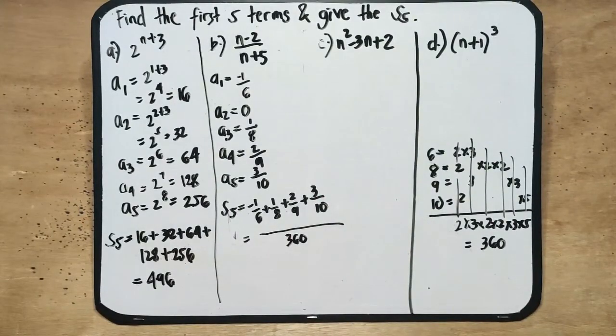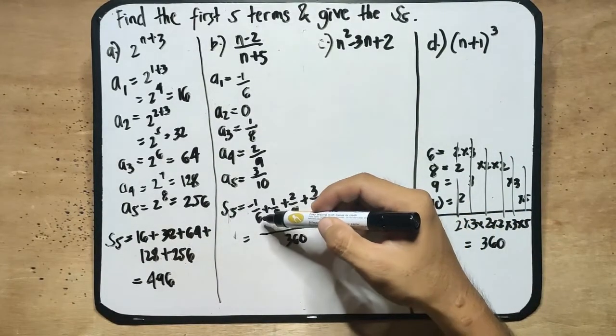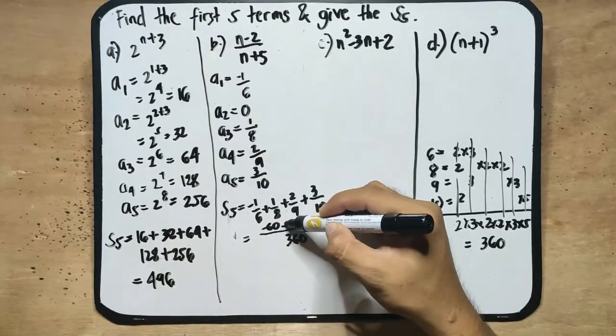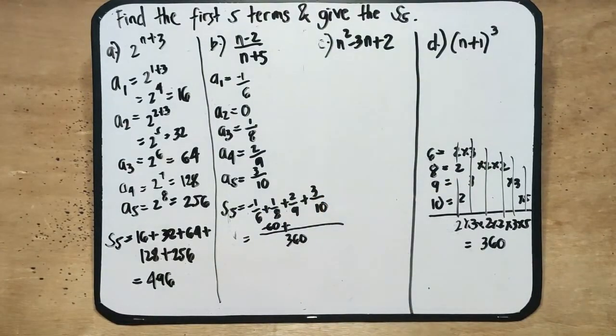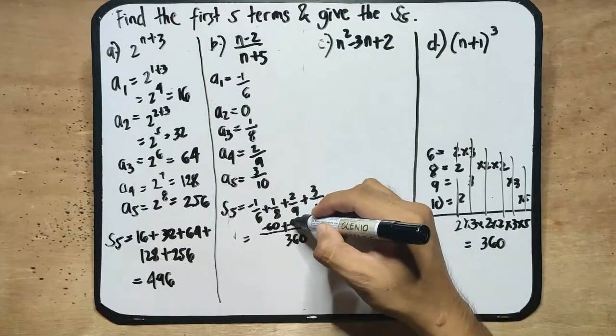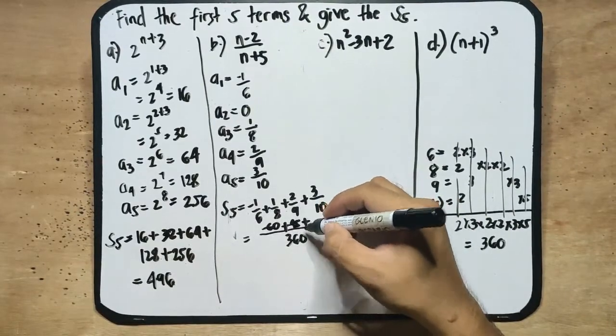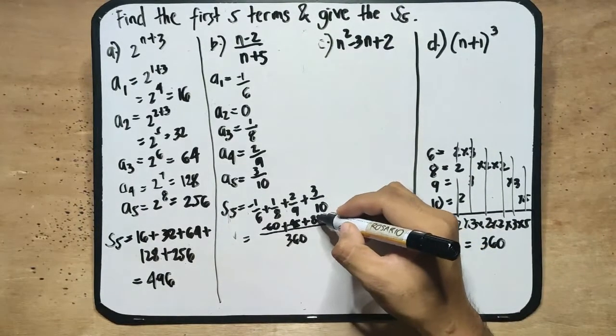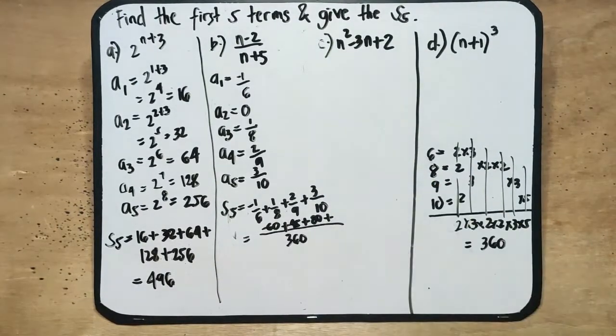We have 360 divided by 6 is 60. 60 times negative 1 is negative 60. 360 divided by 8 is 45. 45 times 1 is 45. So 360 divided by 9 is 40. 40 times 2 is 80. And 360 divided by 10 is 36.